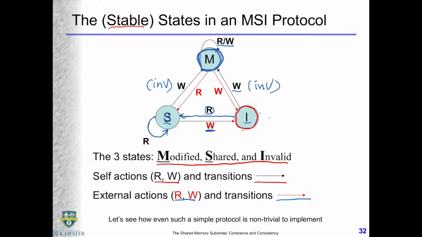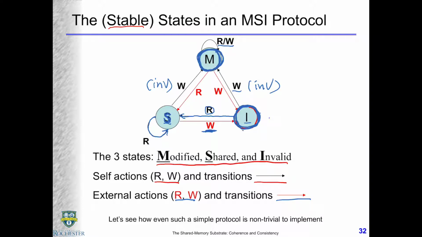So suppose I am processor 2 and I have a cache line in the shared state, and now someone else, processor 1, issues a write request, and therefore it's going to invalidate me, and I will invalidate my line, and the result of that is my state goes into the invalid state, sorry.